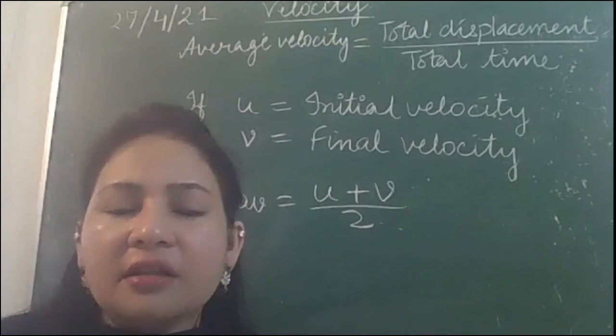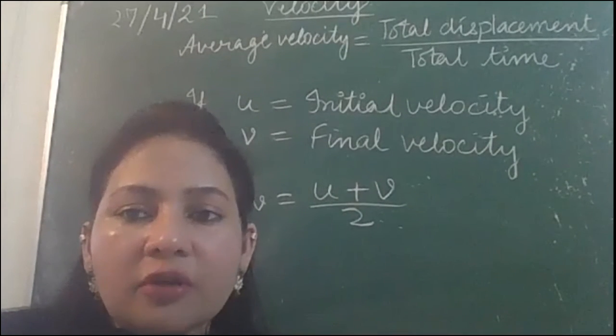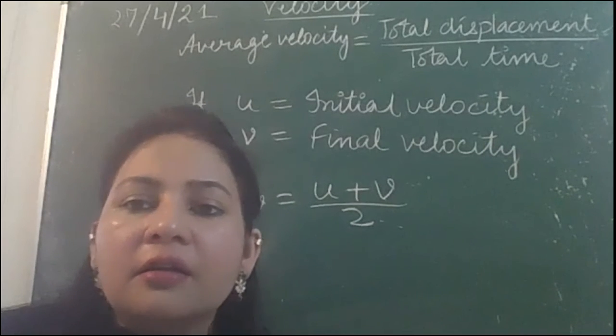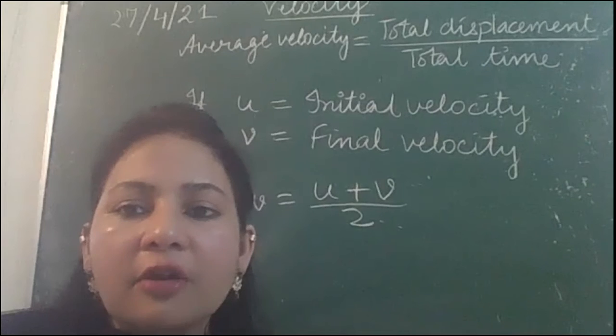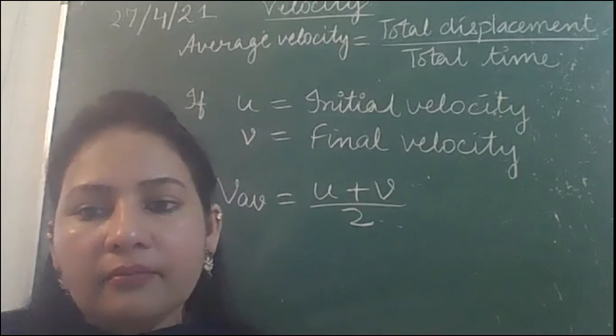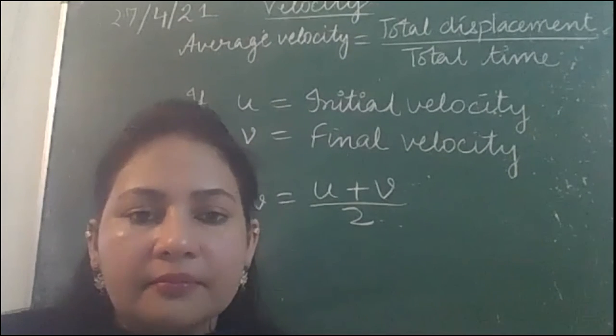That is the difference. Otherwise, it is the same. So we have done all the four types of velocity and speed. I repeat, instantaneous velocity is the velocity of an object at a particular instant of time.